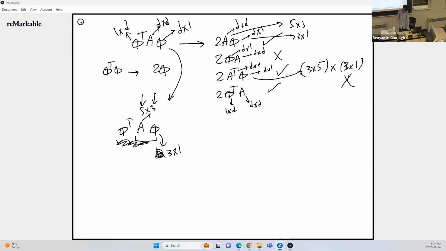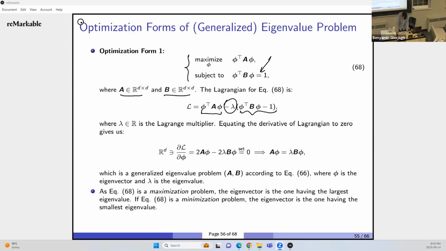So here, it also becomes 1 by 3. This is 5 by 3. This is also rejected. As you see, this is the correct answer, and this is exactly what we have used. That's a technique for taking derivatives in matrices and vectors.